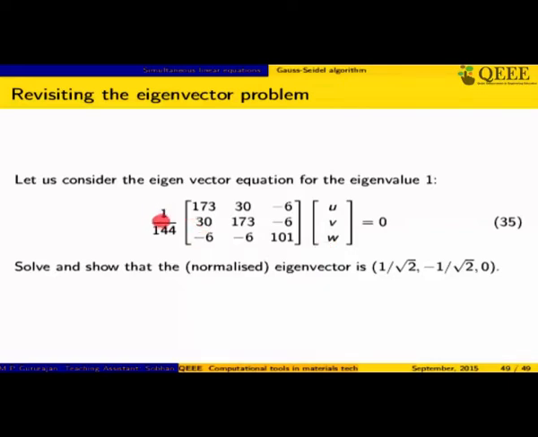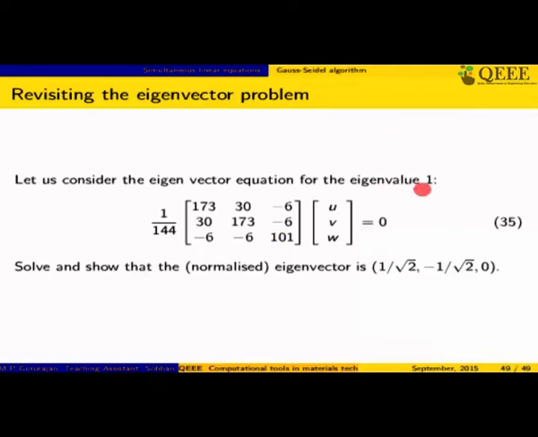I have the 1 by 144 multiplying this matrix, and for UVW, I need to choose the eigenvector in such a way that this is equal to 0.